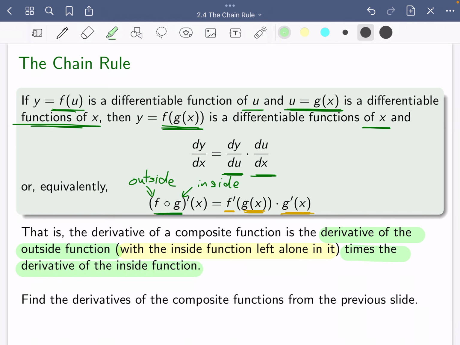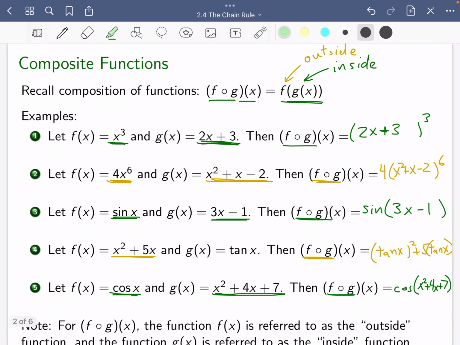So let's go back to our examples that we looked at last time, and let's find the derivatives here. All right, so here we have x cubed as our outside function, and 2x plus 3 as our inside function. If we're going to find the derivative of this composite function, we will take the derivative of the outside function. What's the derivative of x cubed?